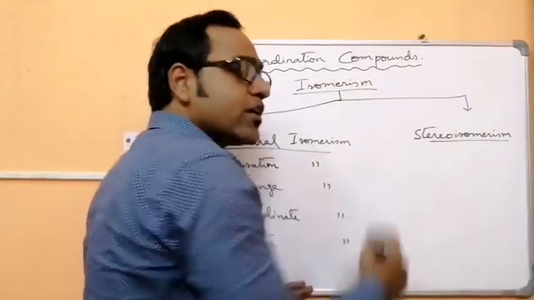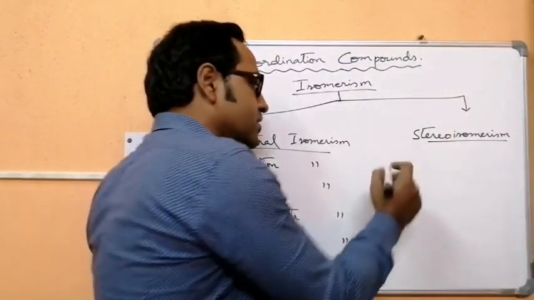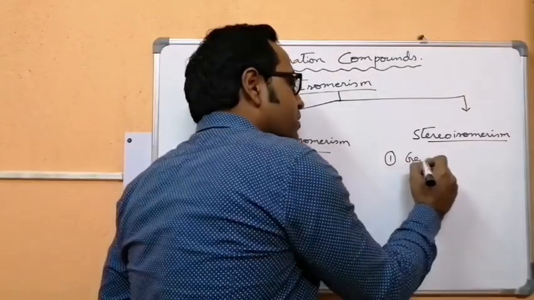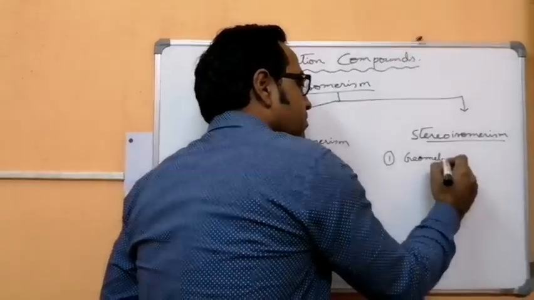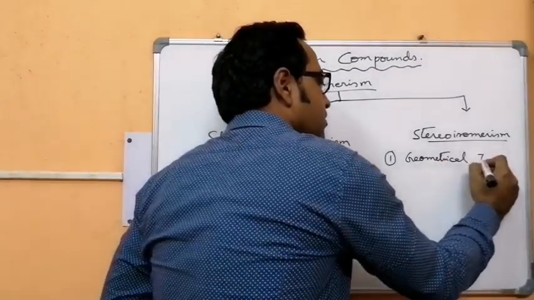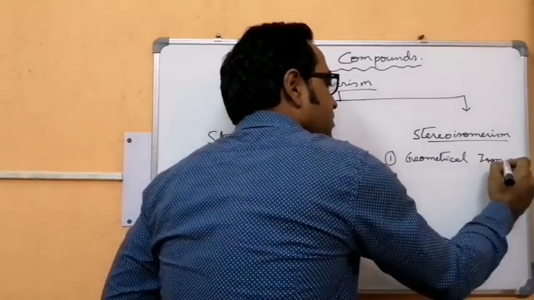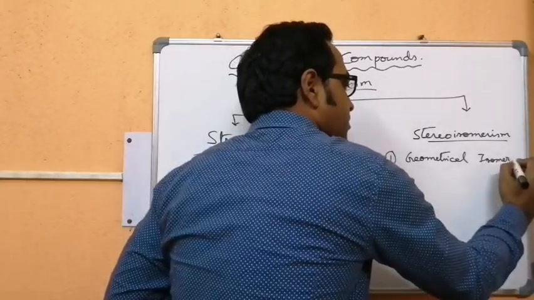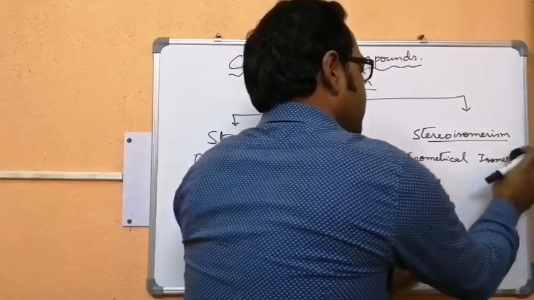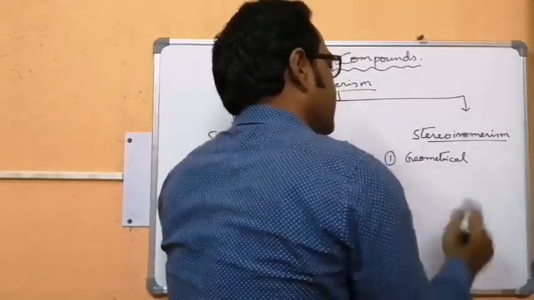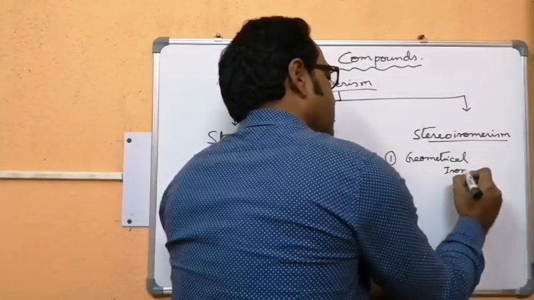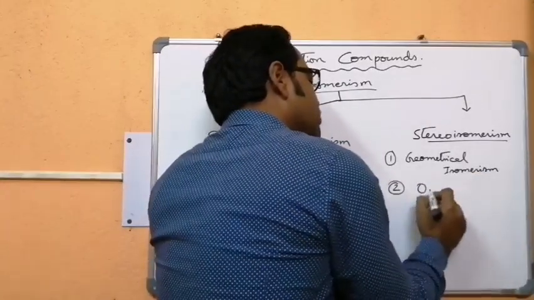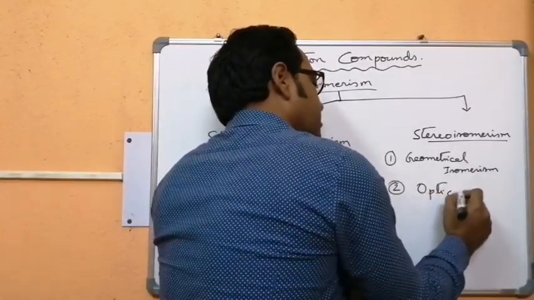Now under stereoisomerism there are two subdivisions. The first one is geometrical isomerism and the second one is optical isomerism.